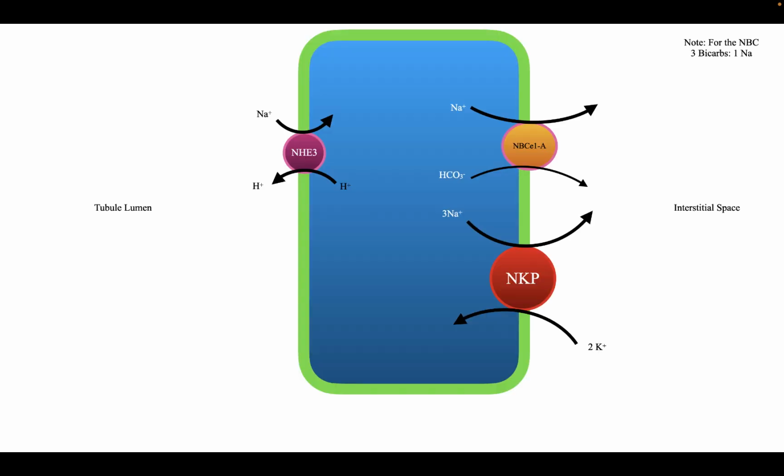So the first region that we're going to look at is going to be the proximal tubule. We're first going to take a look and see how ANGII increases sodium reabsorption in the proximal tubule. The first thing to note is that on the basolateral membrane, we have the AT1 receptor. The AT1 receptor is a receptor that can bind to ANGII.